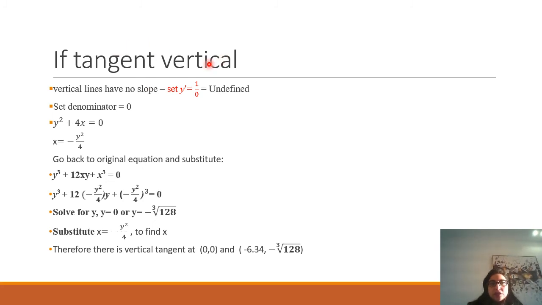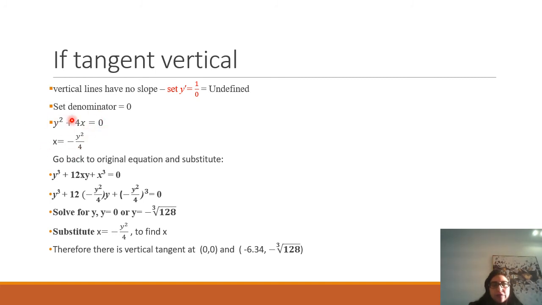What about if the tangent is vertical? I have to set the denominator equal to 0, because vertical lines don't have a slope, right? So I have to make it undefined. So I have to take the denominator as 0. So I will do the same steps as the previous one, but I will set the denominator equal to 0. So here is the denominator of the derivative.